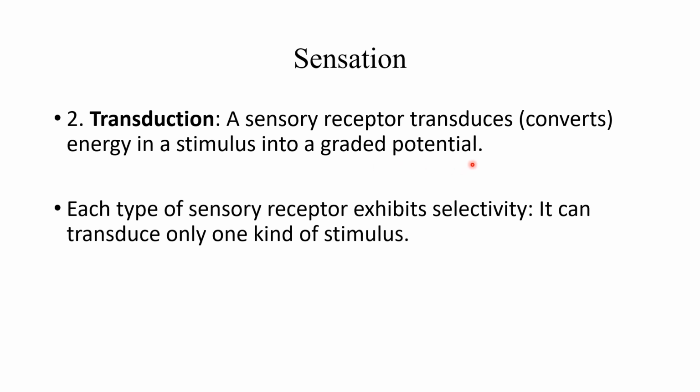For example, if it's a sensory receptor in the inner ear, it will convert the energy of the sound waves into receptor potential, or electrical type, which is graded potential. If the stimulus is light, then the photoreceptor will convert these electromagnetic radiations or the light waves into receptor potential.